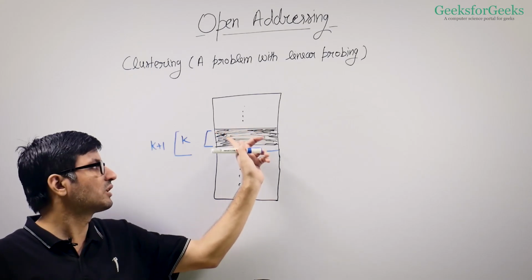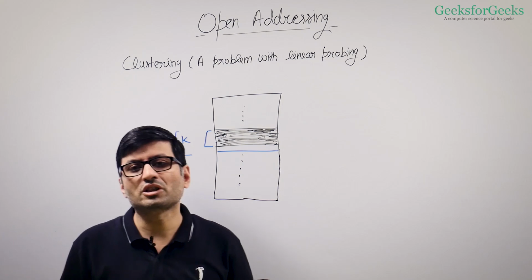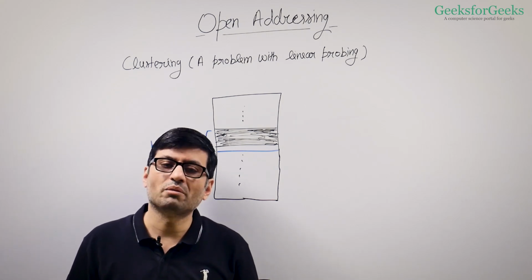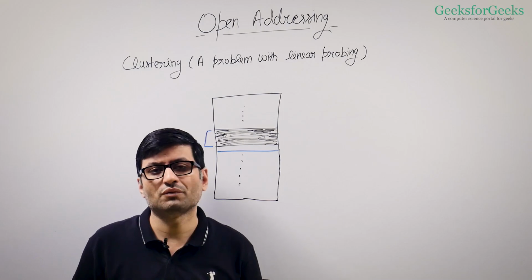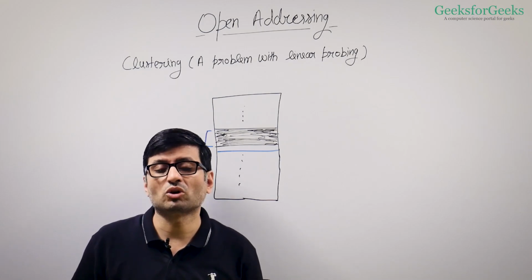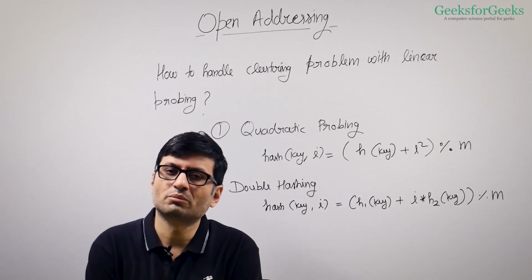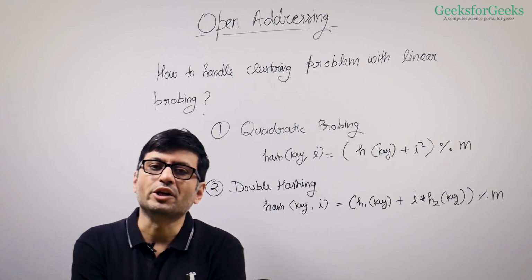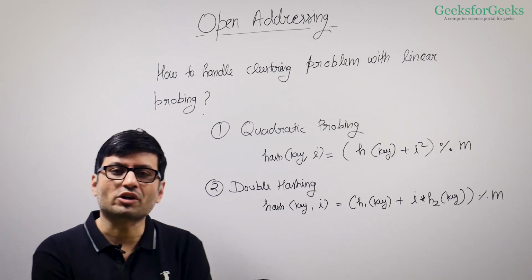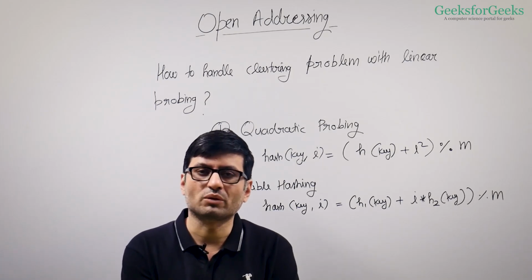Right? So you will have to traverse through the whole cluster. So these clusters impact the performance of open addressing. Let us now talk about how to handle this problem.